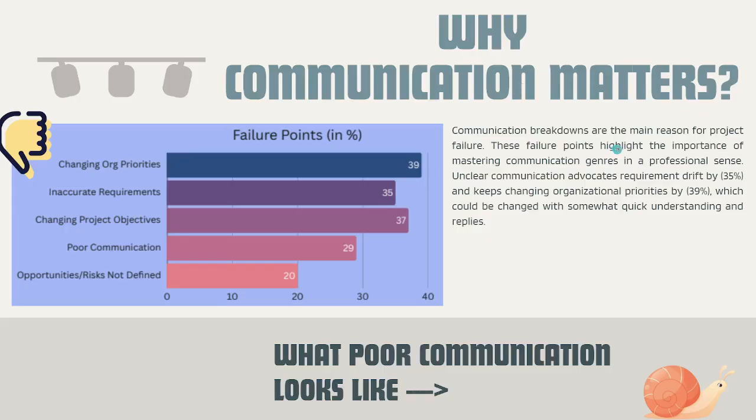A main reason of this is no clarity in your communication. So this can advocate for requirement driven things, like your requirements or your priorities shift. You may focus on delivering a deliverable for this person, but it needs to be released by this date, and you didn't know because no one told you.